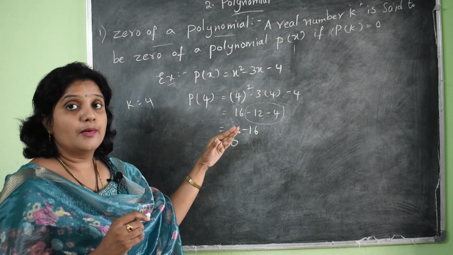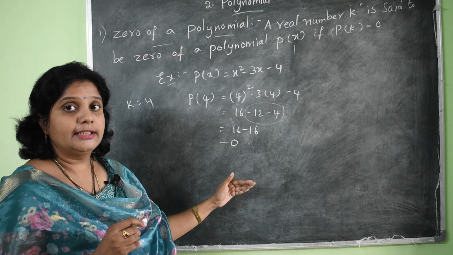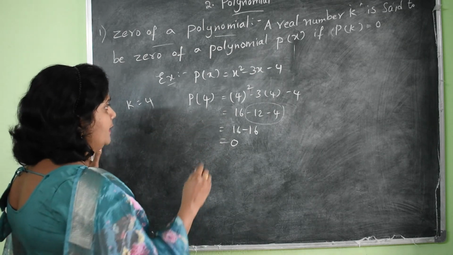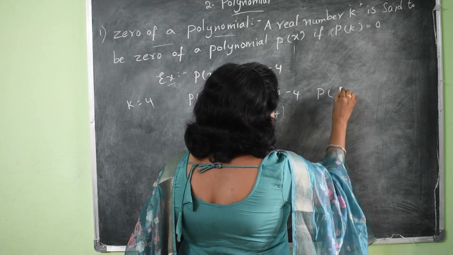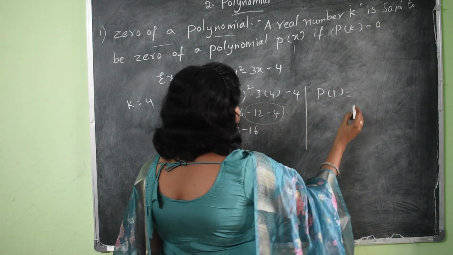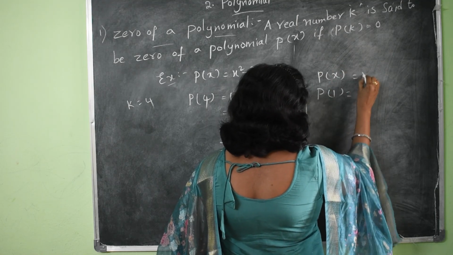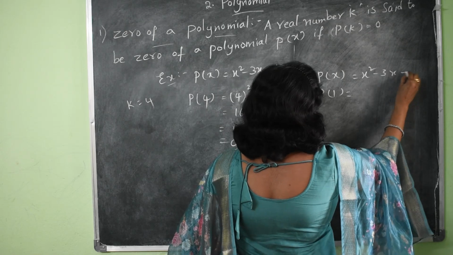For what value is the polynomial becoming 0? For example, if we keep k value as 1. Take the polynomial function p of x is equal to x square minus 3x minus 4.